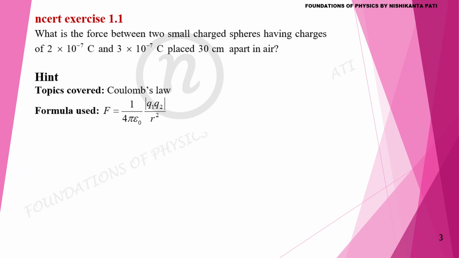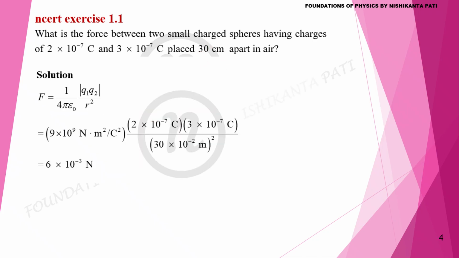So the formula used is 1 by 4 pi epsilon, which is nearly equal to epsilon 0, Q1 Q2 mod by R square. Q1 given, Q2 given, R given, then we can put the value and we can find the answer.